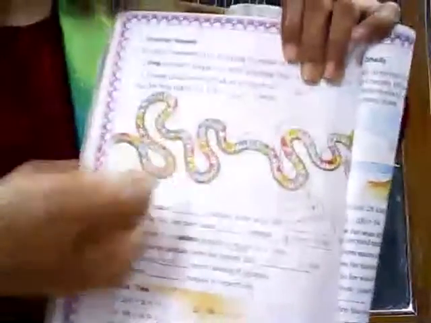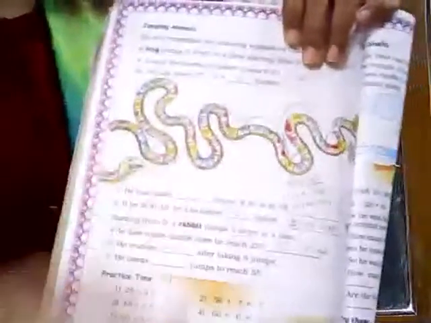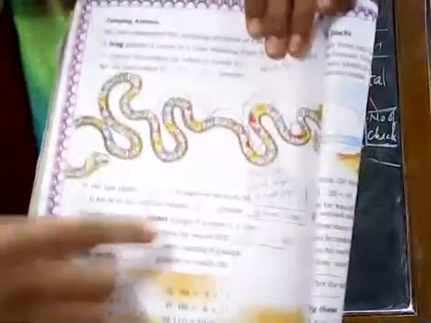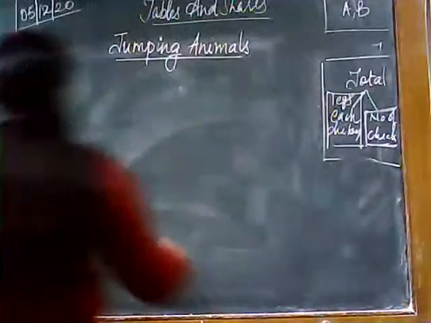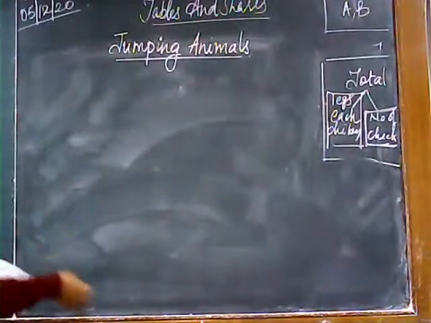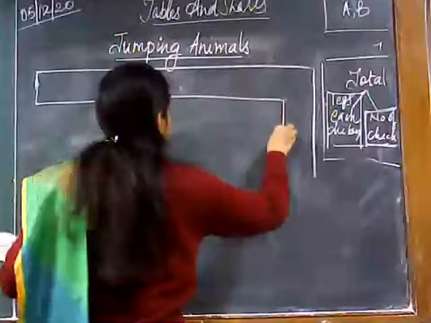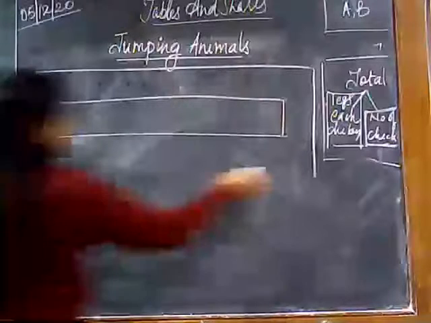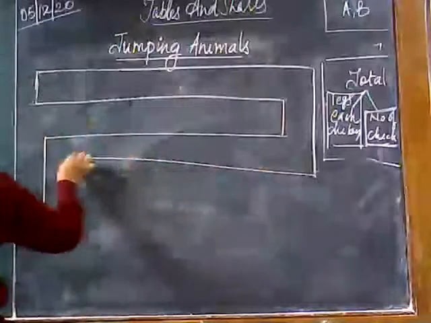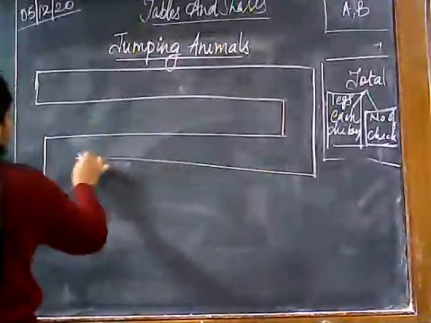There is a snake given in your textbook, and you can use this snake to know where you will land up if you take some number of jumps. So I will not be making a snake on the blackboard. What I will do is I will go by the block.